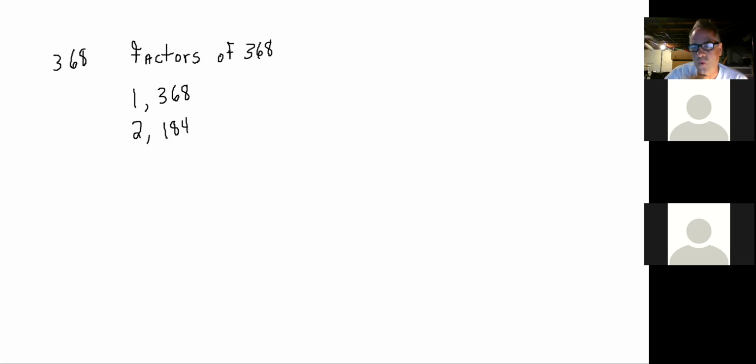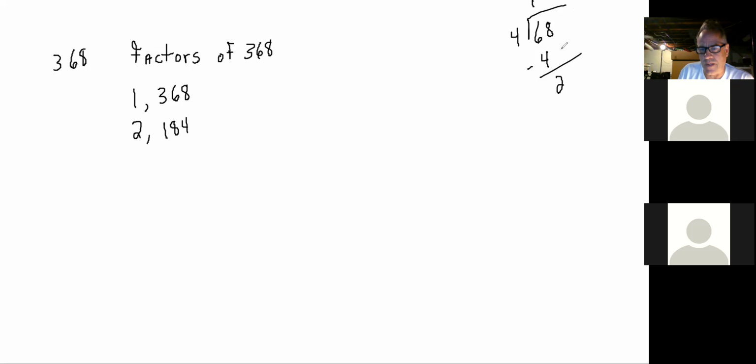There is a test for 4, and it's not if the number's even. That only works for 2. The test for 4 is to look at the last 2 digits, which is, in this case, 68. If the last 2 digits make a number that is divisible by 4, then the whole thing is divisible by 4. Let's see if this works out. 4 goes into 6 one time.